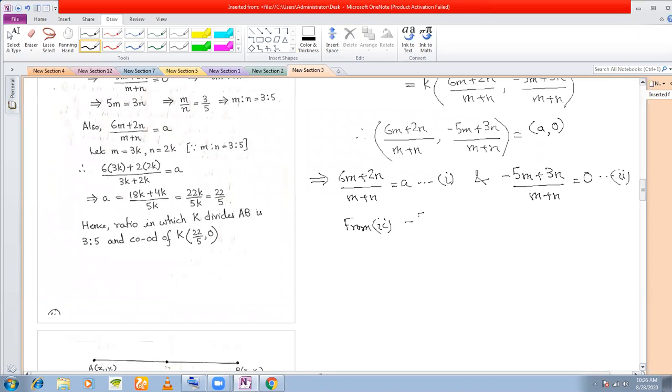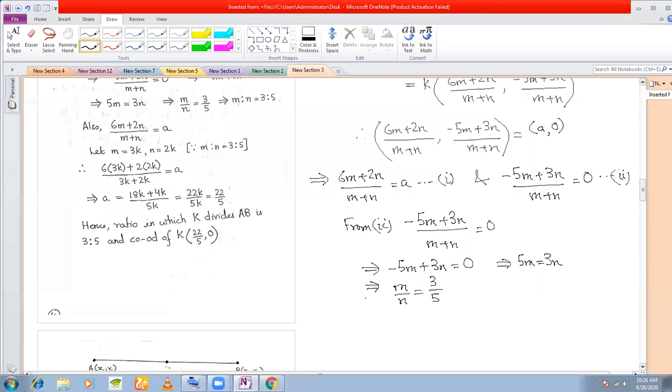So from 2, minus 5m plus 3n by m plus n equal to 0. When you cross multiply, you get minus 5m plus 3n equal to 0. That means 5m must be equal to 3n, that means m by n must be equal to 3 by 5.